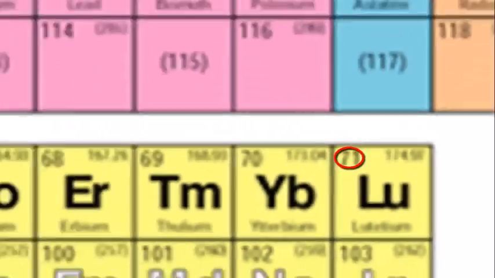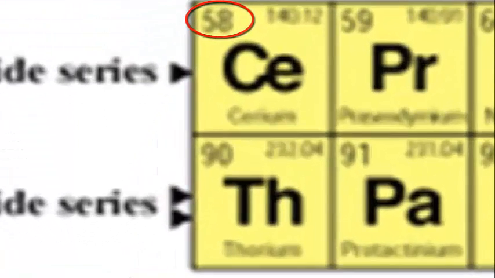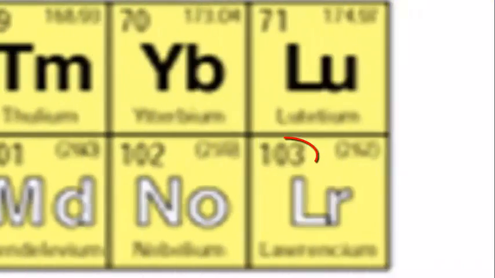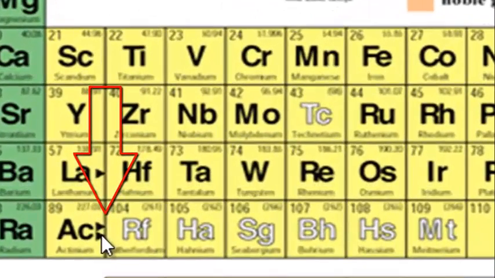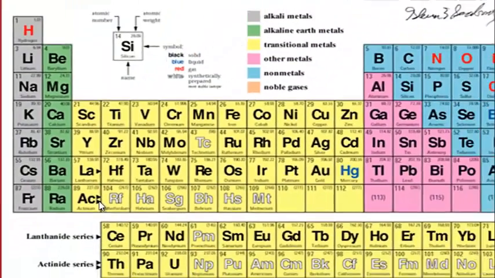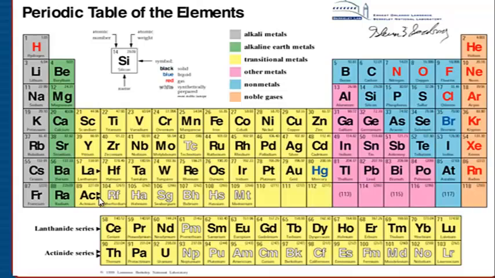And the actinides, these elements also are 14 elements and they have atomic numbers between 90 and 103. These elements can be slotted here, but this makes the periodic table wider, and this full table is more accurate, but it's not convenient.